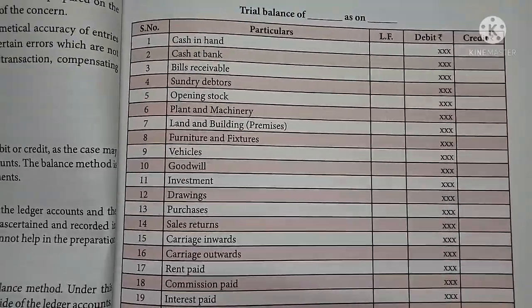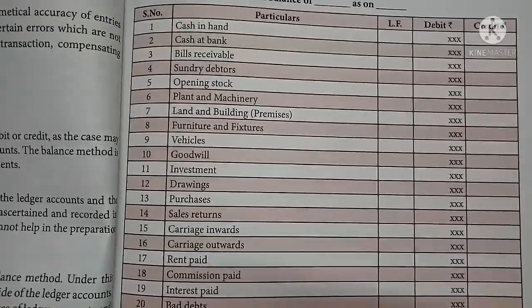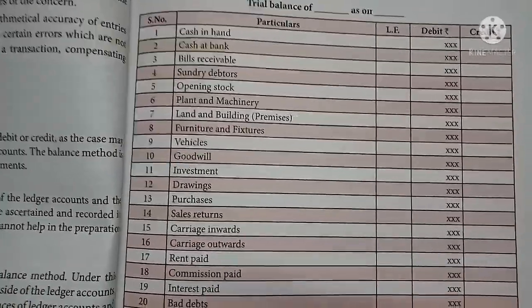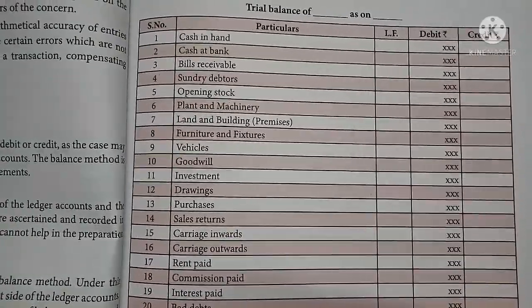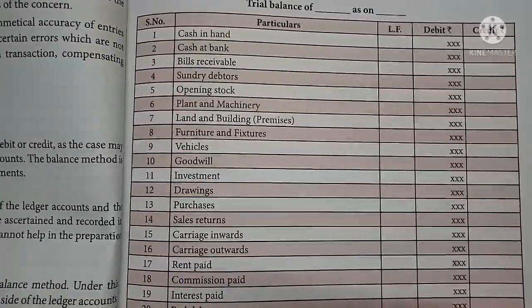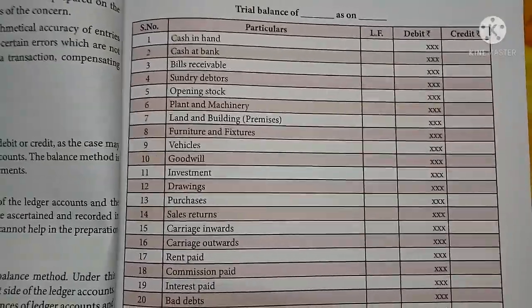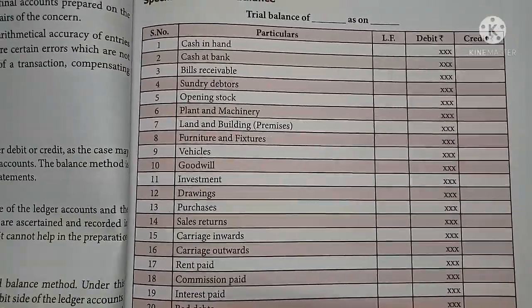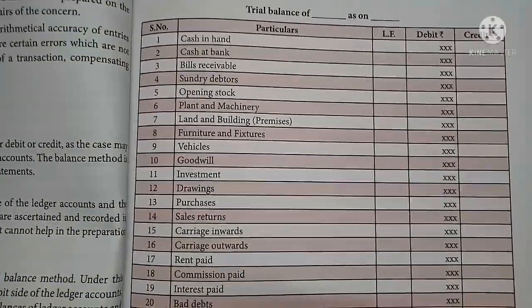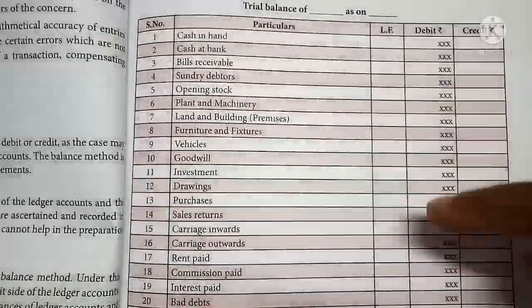Cash and generally all the assets, all the properties accounts and all the expenses accounts should be debited. All properties accounts and all expenses accounts, that balance should be written in the debit column.